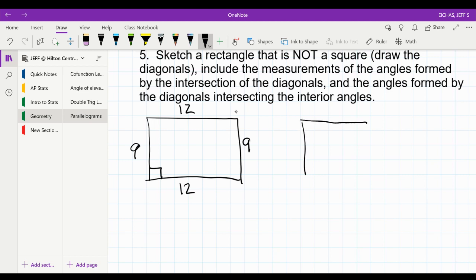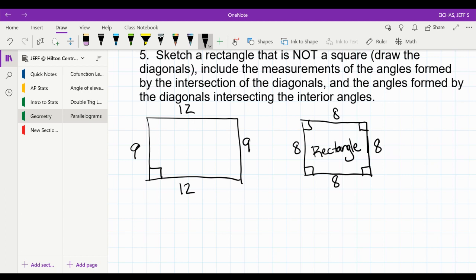But there's no rule against a rectangle just so happening to be a square. There is no rule against that. These could all be 8s, and you could still consider this a rectangle. It's also a square. It's an upgraded rectangle. It's better than a rectangle, but it still is a rectangle.